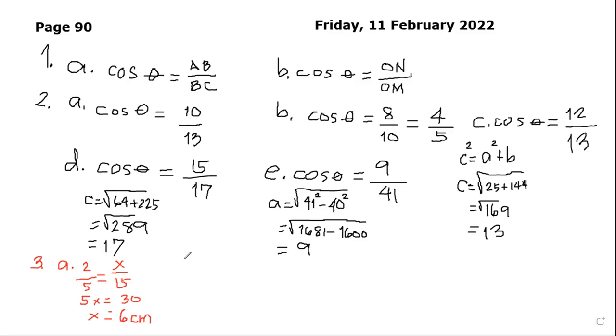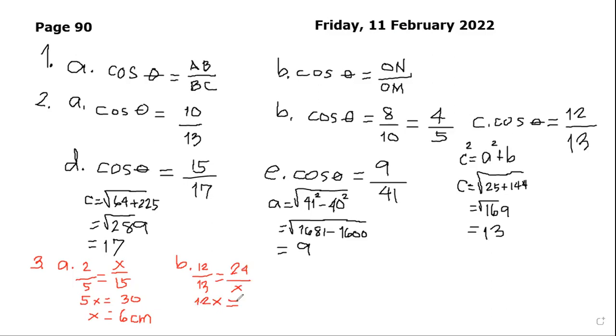Letter B. We still have 4 minutes. Cosine theta is 12/13, equals adjacent side 24 over hypotenuse x, since you don't know the hypotenuse. So you have there 12x equals 13 times 24.